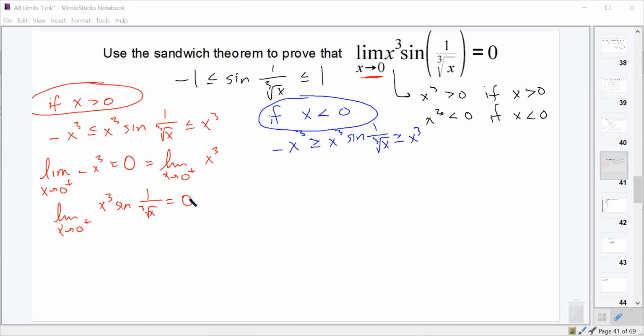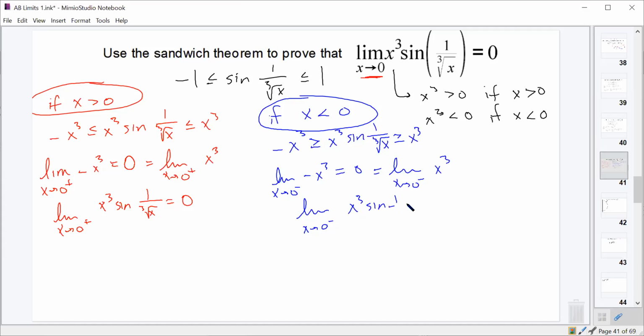And over here, since we're doing x is less than 0, we'll have to do limits as x approaches 0 from the left of negative x cubed, which is 0. And that should be the same as the limit as x approaches 0 from the left of x cubed, which tells us that by the sandwich theorem, the limit as x approaches 0 from the left of x cubed sine 1 over cube root of x is also 0.